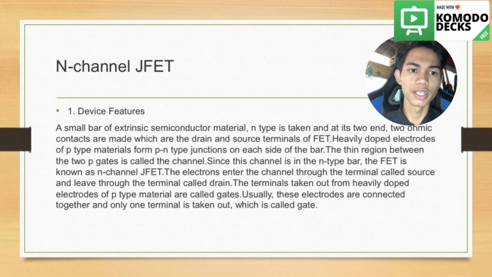Since this channel is in the N-type bar, the FET is known as an N-channel JFET. The electrons enter the channel through the terminal called source and leave through the terminal called drain. The terminals taken out from the heavily doped electrodes of P-type material are called gates. Usually, these electrodes are connected together and only one terminal is taken out, which is called the gate.